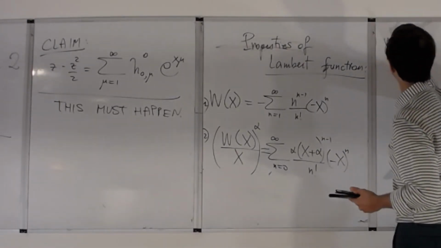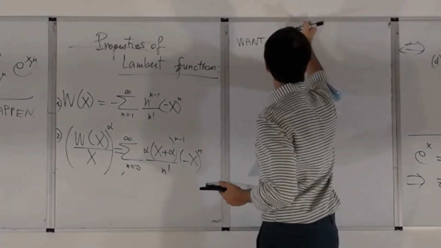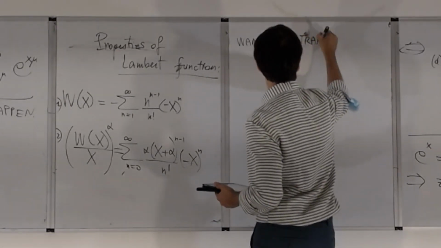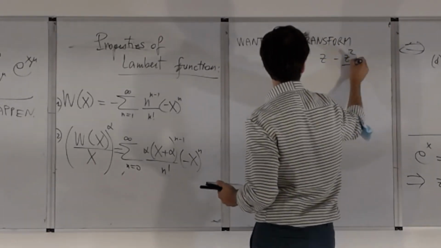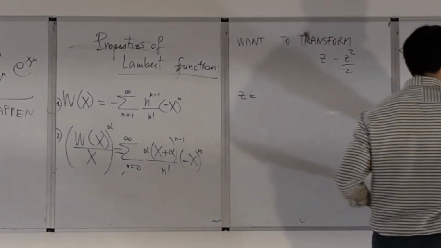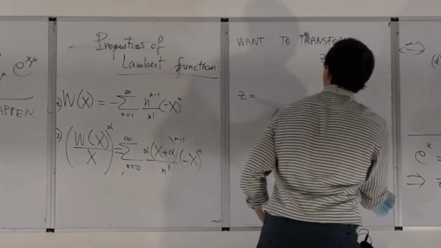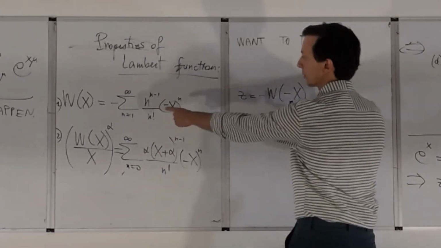So we want to transform z minus z squared over 2. So z, we know it from here, z is minus W of minus x. But now we can use this one, right?